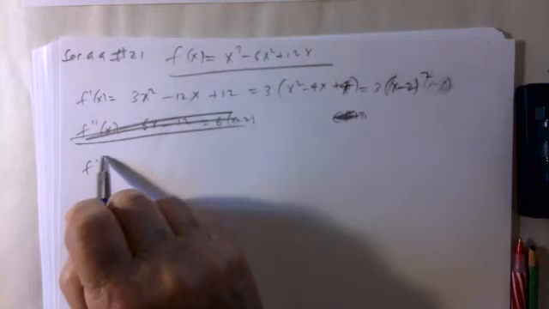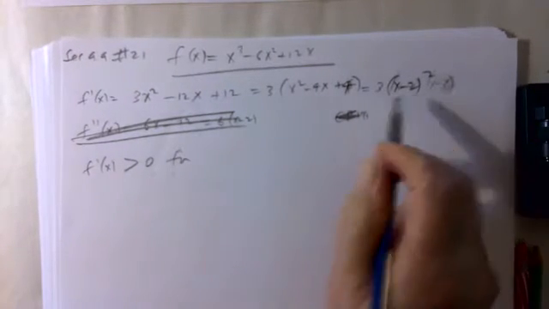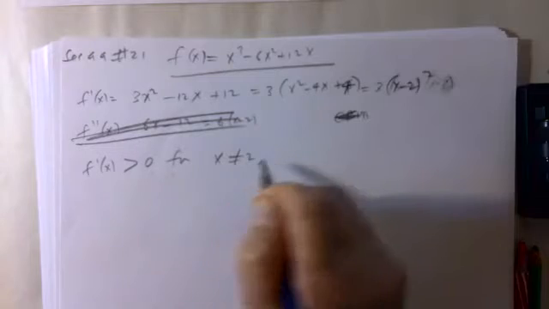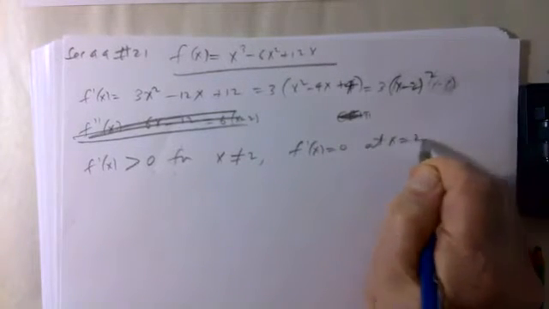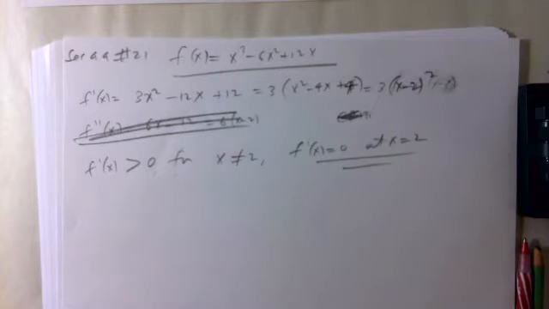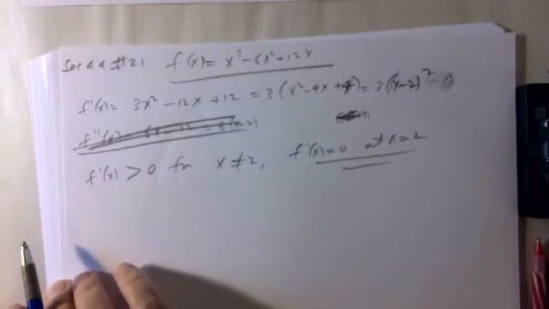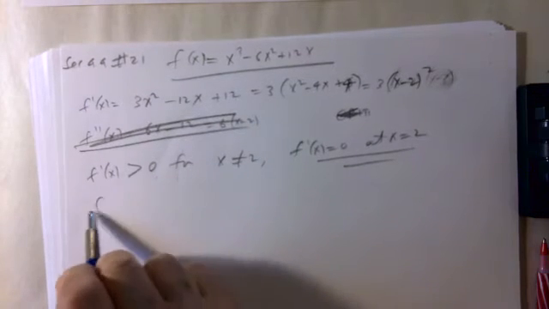What can we say? f prime of x is greater than 0, because it's a square, for x not equal to 2, and f prime of x equals 0 at x equals 2. So this is the only critical number.